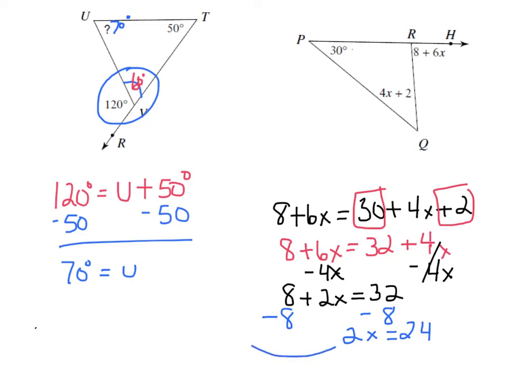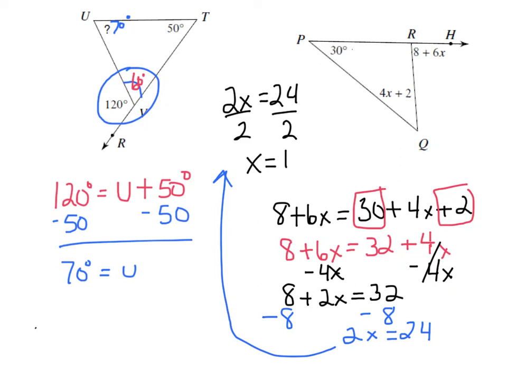And now I'm going to take this up here because I'm running out of room. 2x equals 24. So divide by 2. That means x is 12. So it tells us that x is 12. Now, if we're just finding x, that means we found our answer. But what if it wants us to find both angles? What you have to do is plug in x, which is 12.